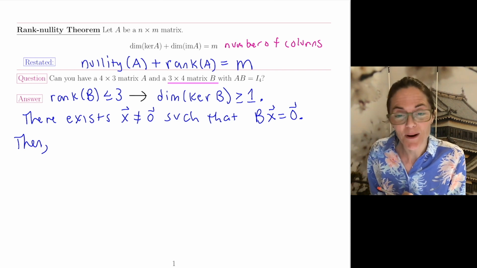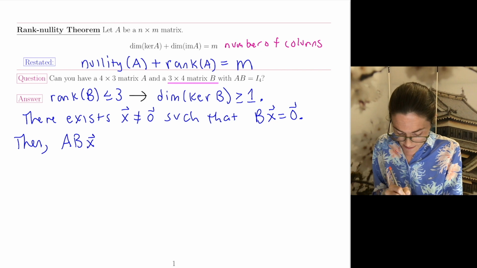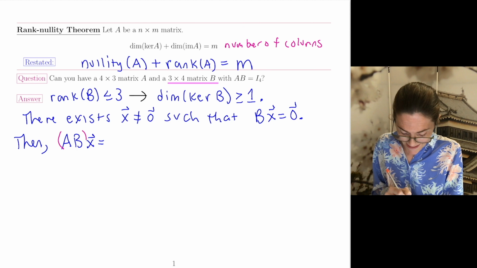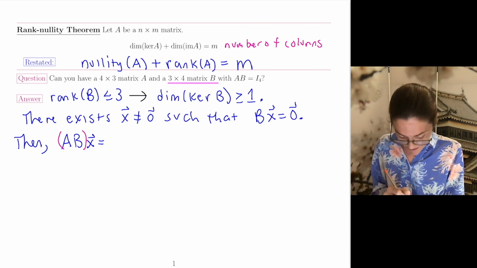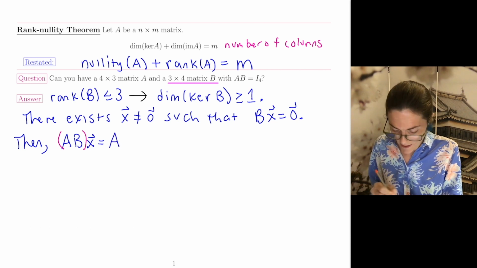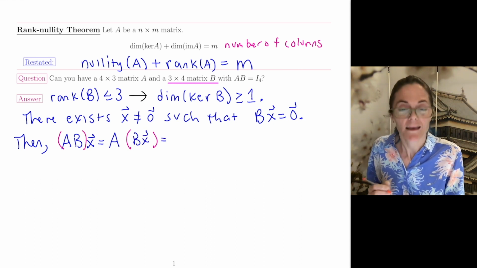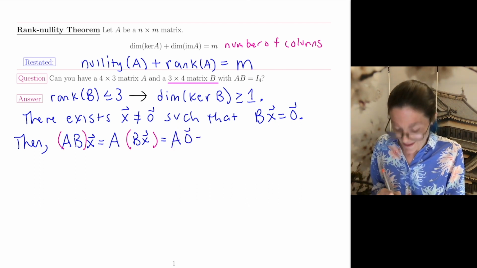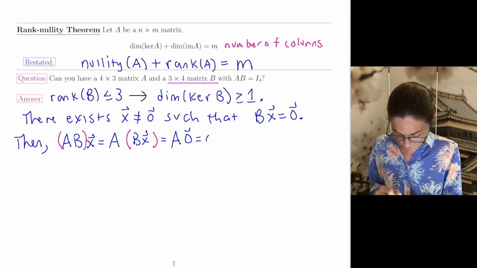If we take this particular vector x and we take AB times x, there is an associativity here, so I can write this as A times Bx. Bx is 0, so this is A times 0, and any matrix times the 0 vector gives us 0.